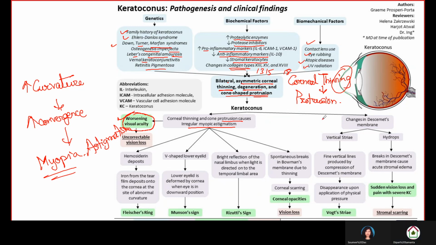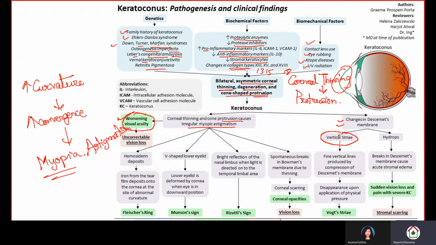Now keratoconus changes in Descemet's membrane occur. In Descemet's membrane, there will be vertical striae.